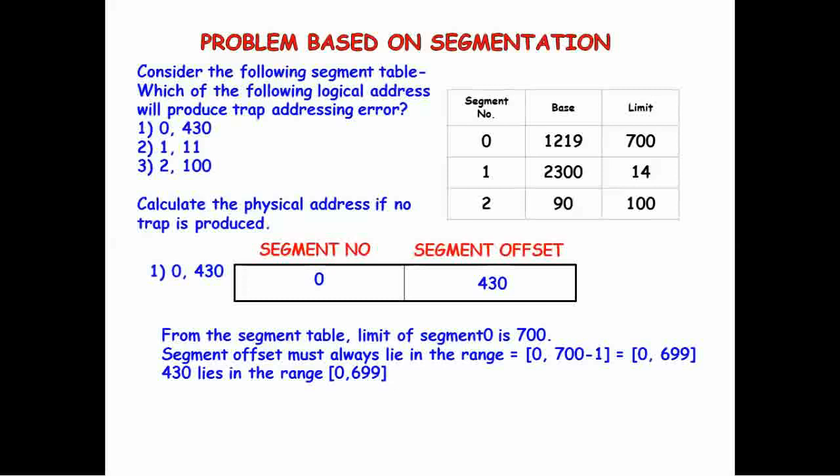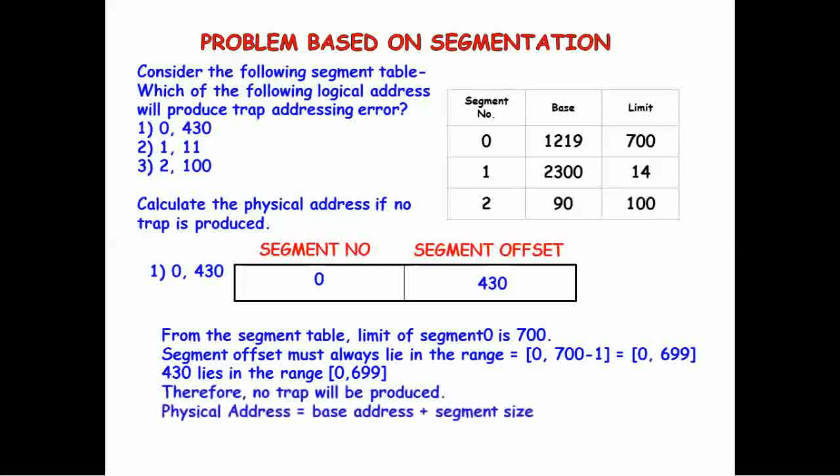In the given problem, the segment offset is given as 430. Obviously 430 lies in the range 0 to 699. Hence, a trap will not be produced. Instead, we can find the physical address. So this is how the physical address is calculated. Base address and segment size are added.